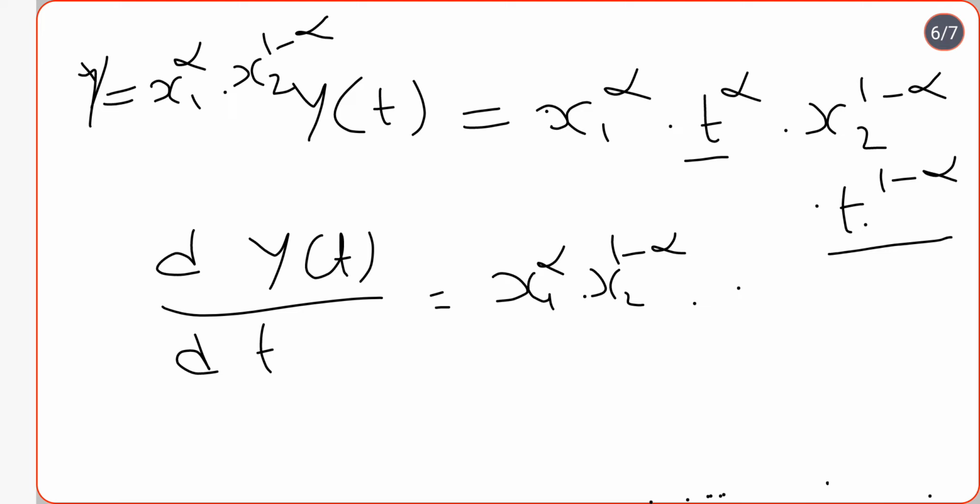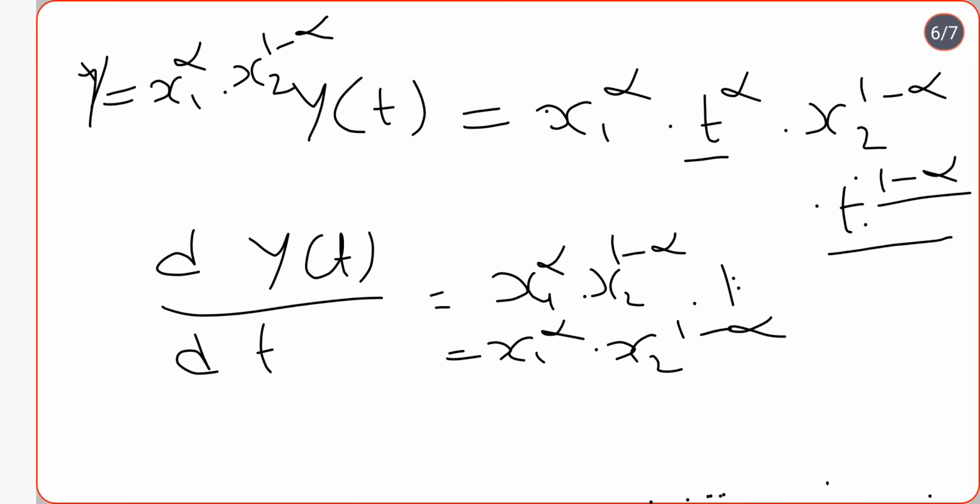So only t to the power 1 is obtained, because we have t to the power alpha plus 1 minus alpha, so alpha minus alpha will be gone, only 1 will remain. If we do the derivative of t with respect to t, then we will get only 1. So the function has now become x1 to the power alpha, x2 to the power 1 minus alpha.